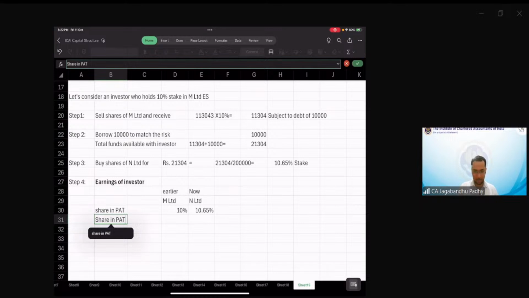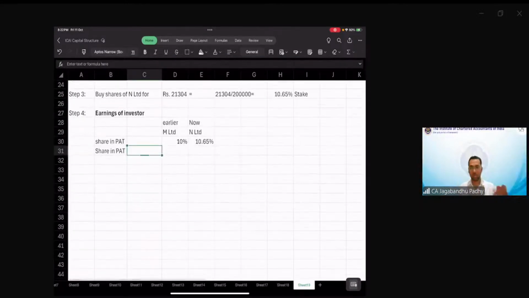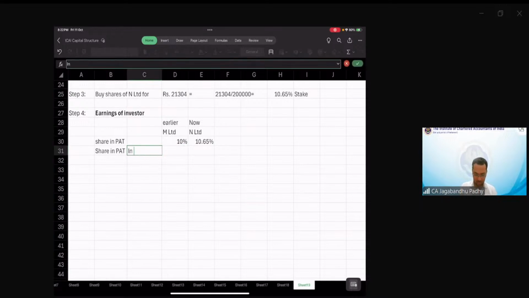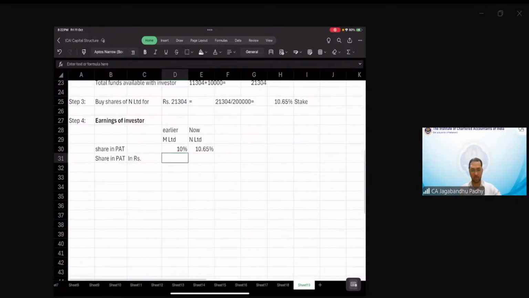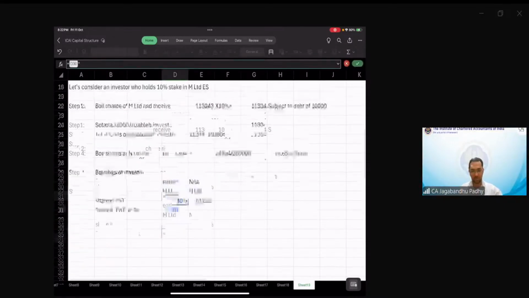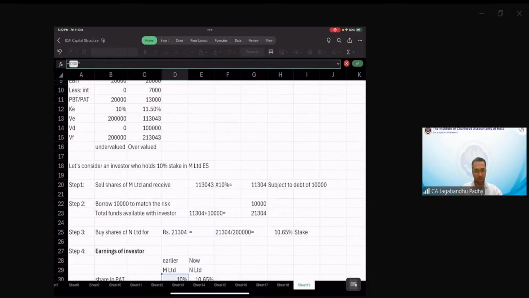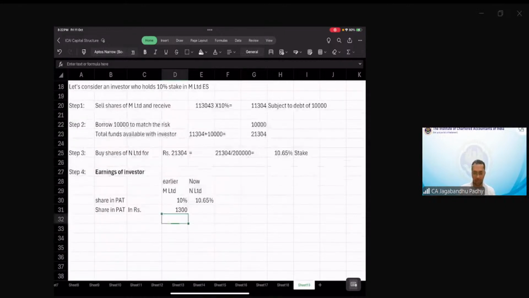Share in profit after tax, in terms of rupees, will be what? 10% of earlier PAT of 13,000. So you were having 10% stake in the PAT of 13,000, which is 1,300.